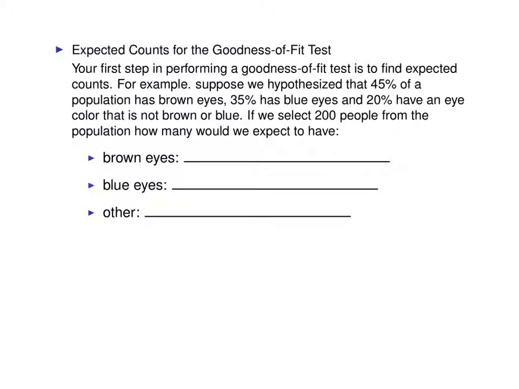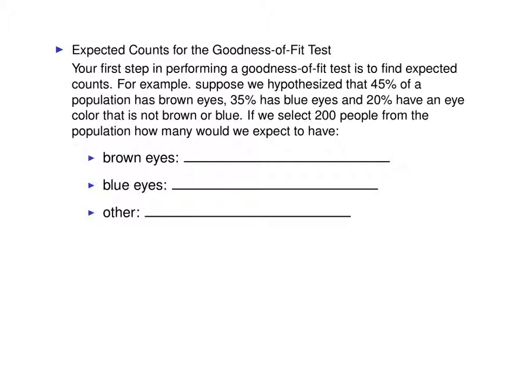The first thing you have to do when you're doing this chi-square goodness of fit is calculate expected values. For example, suppose we hypothesize that 45% of a population has brown eyes, 35% have blue eyes, and 20% have an eye color that is not brown or blue, so hazel, purple, green. Suppose we select 200 people from the population. How many would we expect to have each of the following traits?